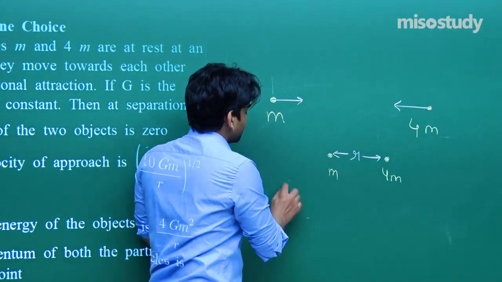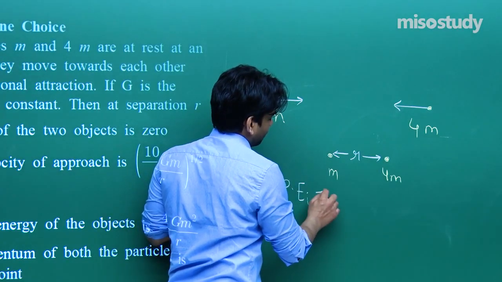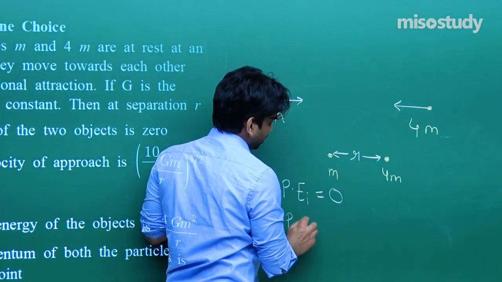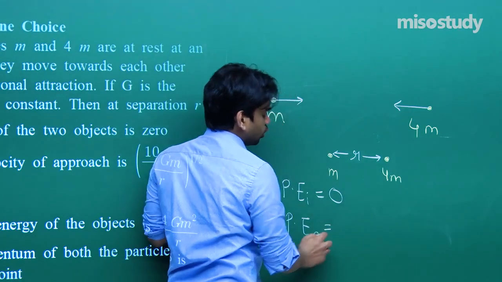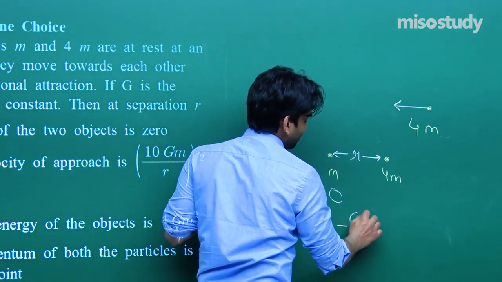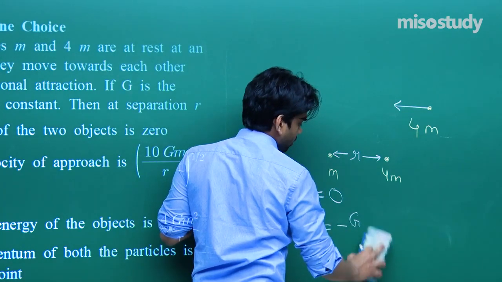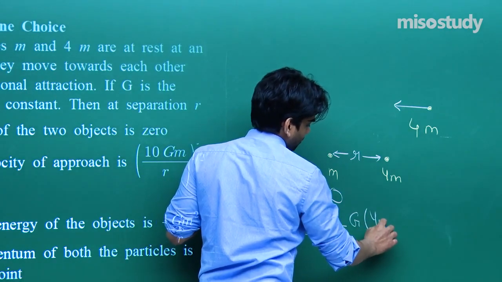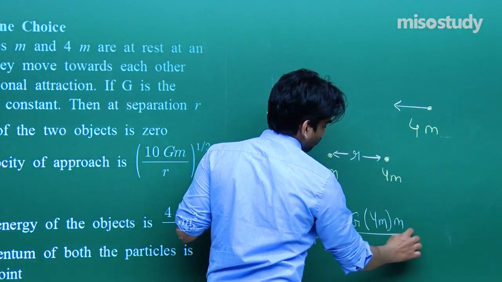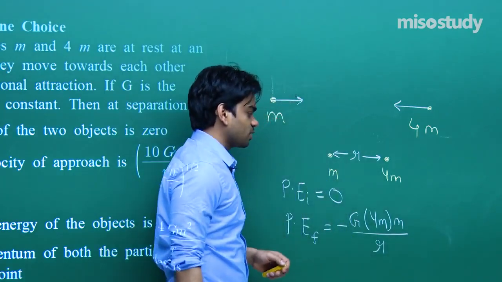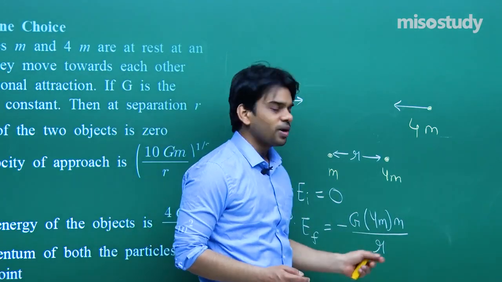Initial potential energy is 0. Final potential energy will be equal to minus G into 4m into m by r.